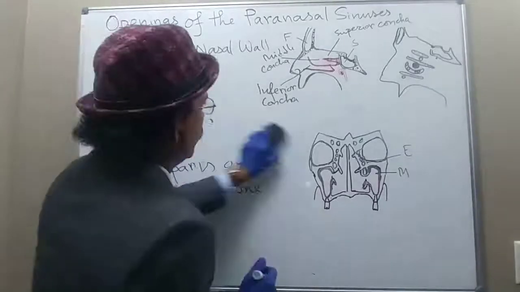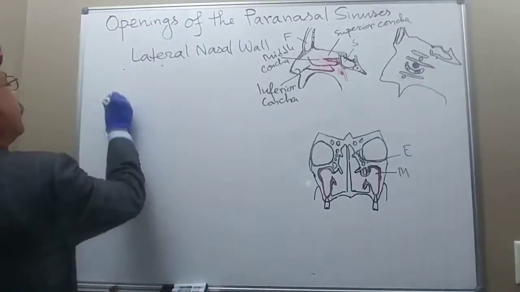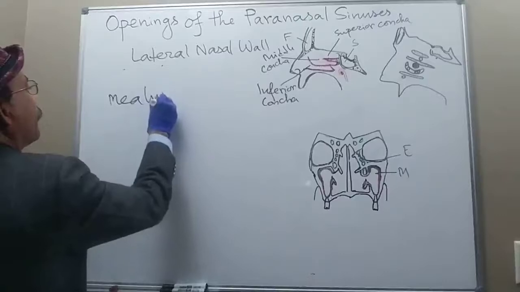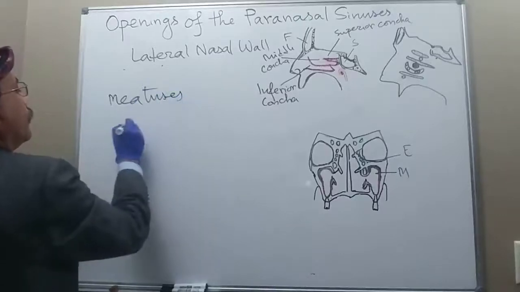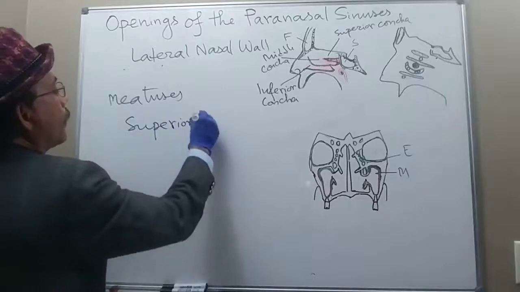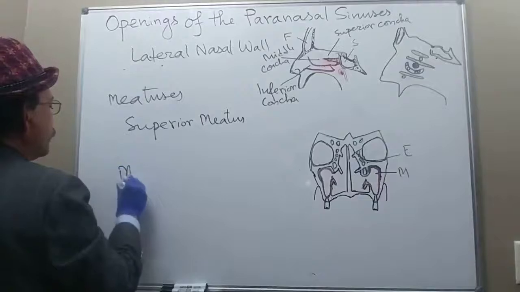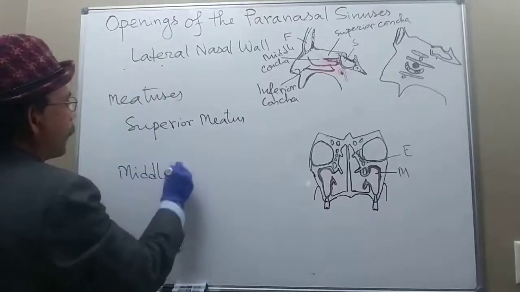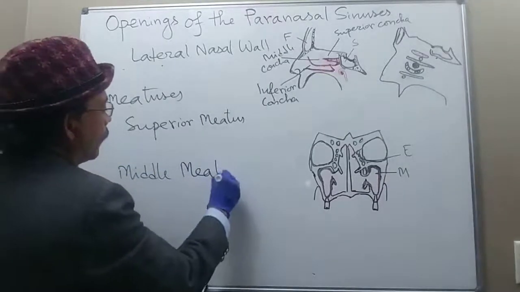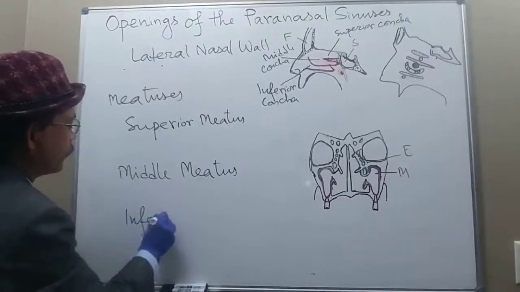So we got the concha and the meatus. We have the superior meatus, middle meatus, and inferior meatus.